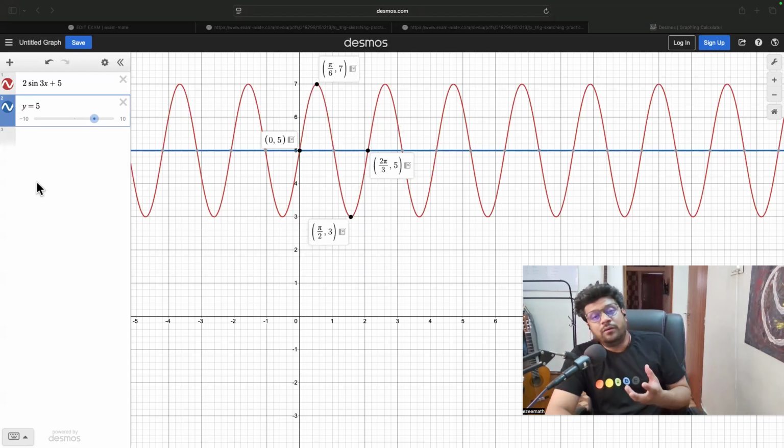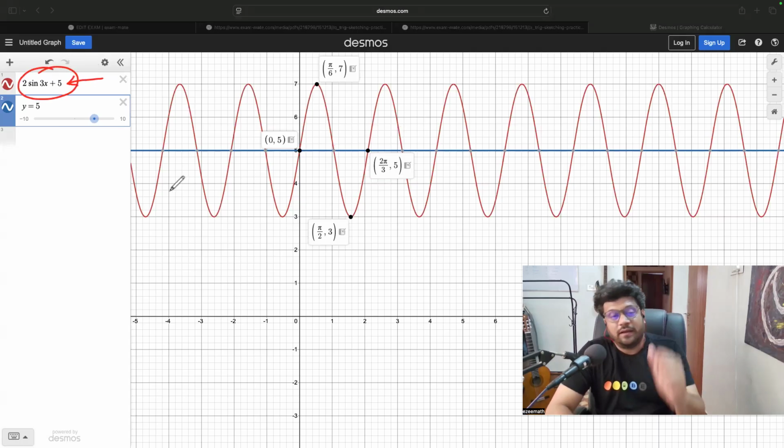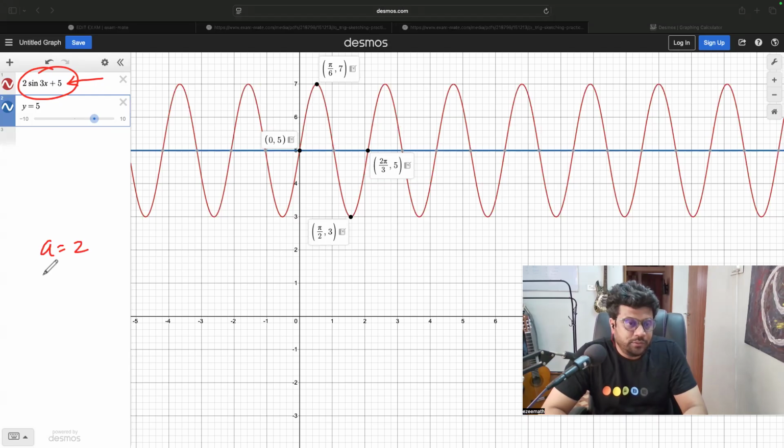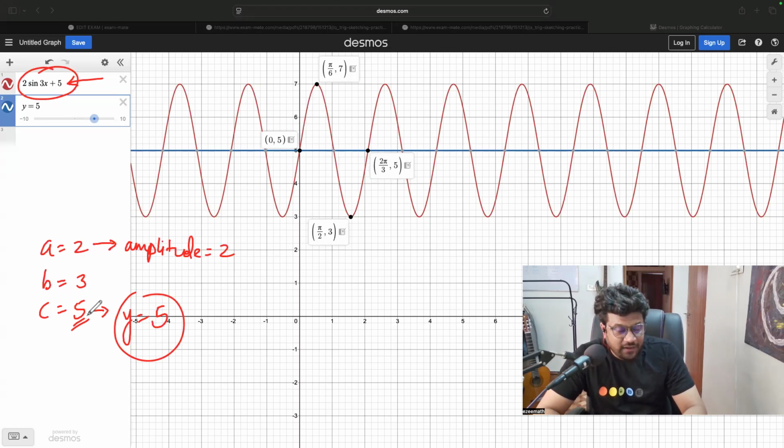let's see how these points that we saw were actually seen by just this formula. I said A is 2, B is 3, and C is 5. What I saw is that the amplitude was 2 for this wave. I also saw that y equal to 5, which is the value of c here, was the principal axis for this sine curve.